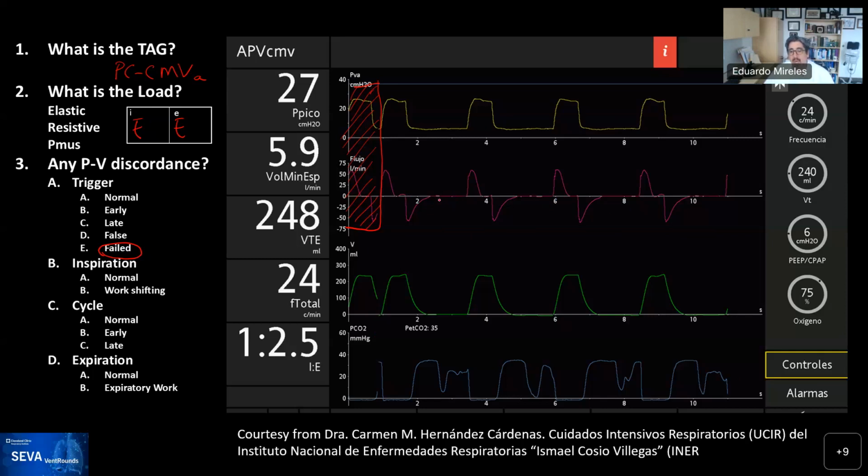One of the problems in this particular ventilator is that they do not have the ability to change the gain, the amplitude in the waveforms, so you cannot really amplify and look at what's happening. That's sometimes a problem of how you set the gain or the scale in your waveform.